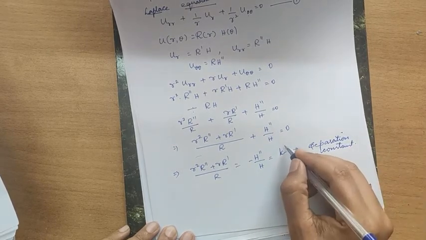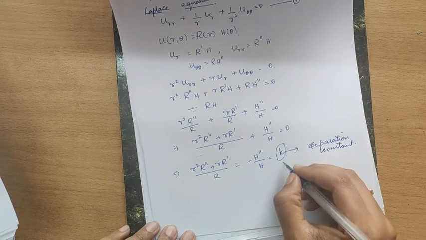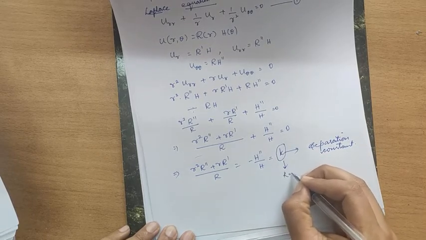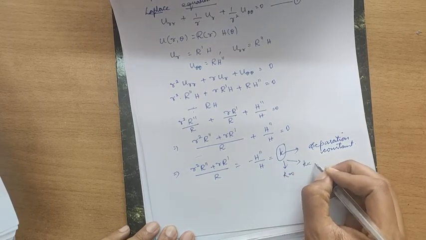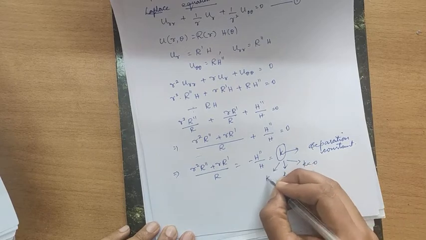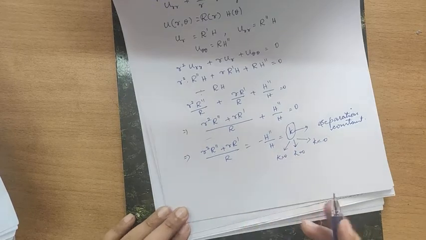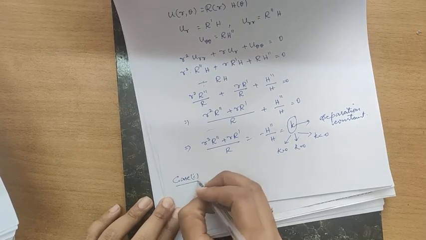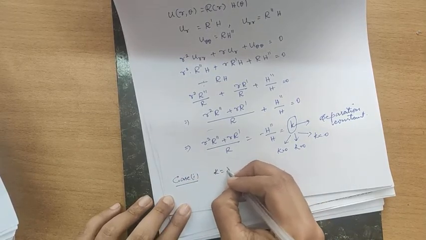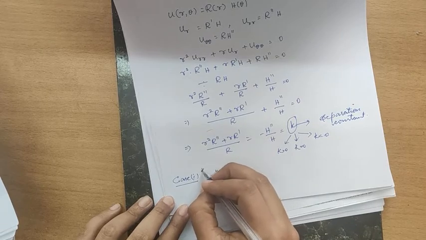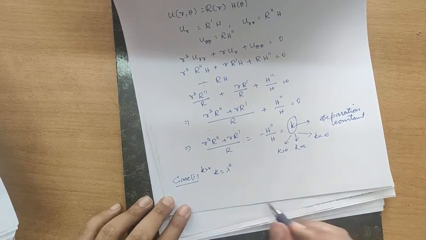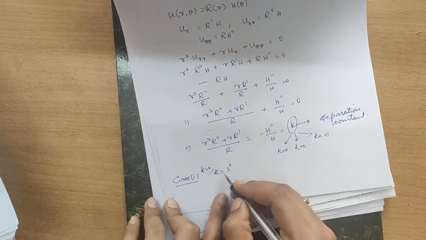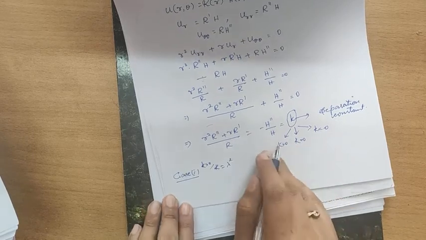So now we have to choose three cases. One is k is equal to 0, k is less than 0 and k is greater than 0. Okay, so let's go to case 1. If k is equal to lambda square, that means I am choosing k is greater than 0 where k is equal to some lambda square.